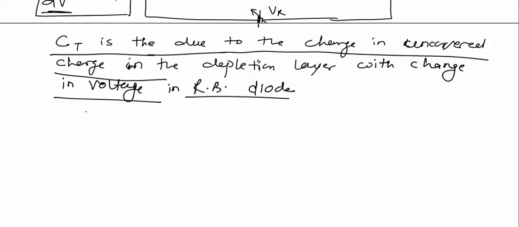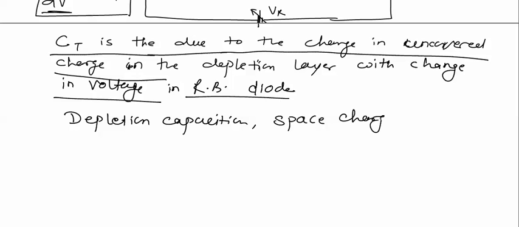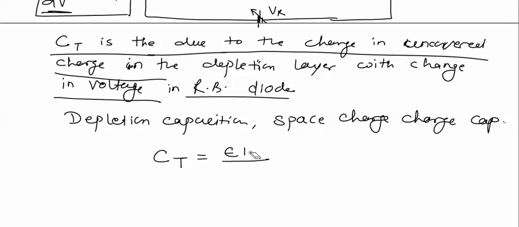Transition capacitance is also called depletion capacitance or space charge capacitance. Mathematically it is given by CT equal to epsilon into A by W, where epsilon equals epsilon naught into epsilon r.